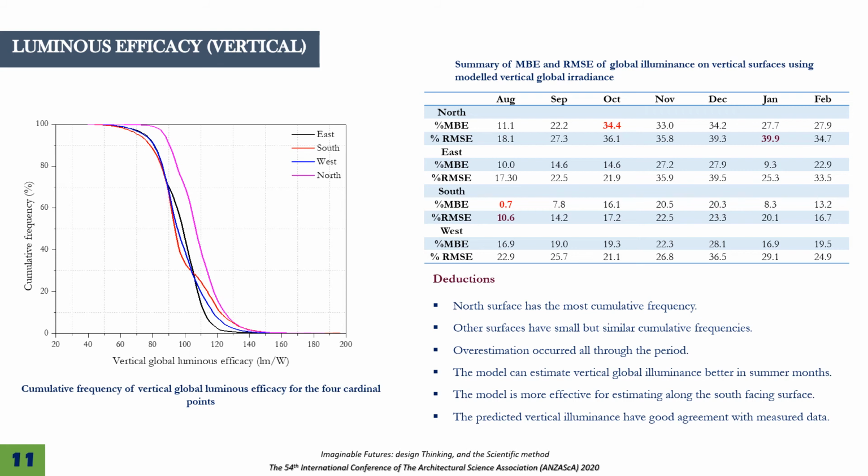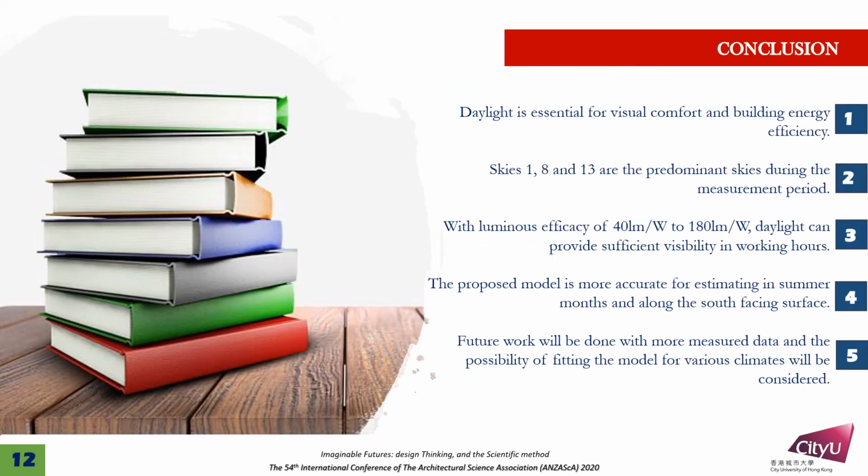It was also observed that the model can estimate better in summer months, around August and September. Furthermore, the model is more effective for estimating along the south-facing surface as shown in the table below. And lastly, the predicted vertical illuminance has a good agreement with the measured data.